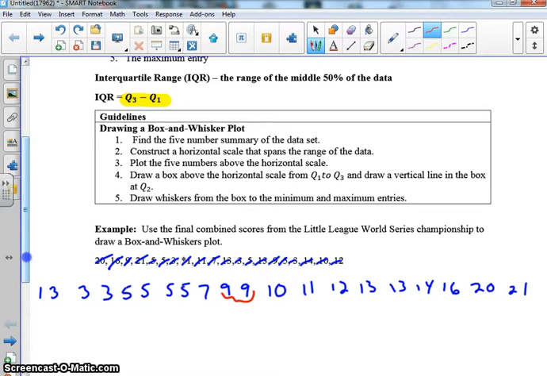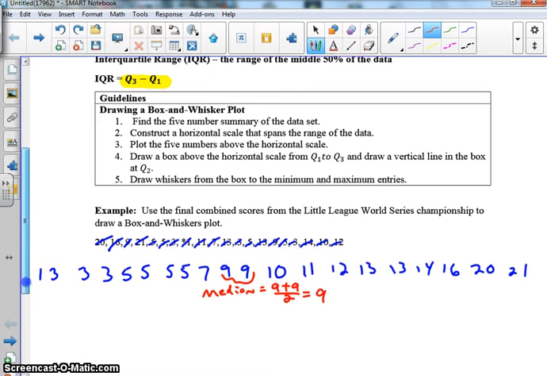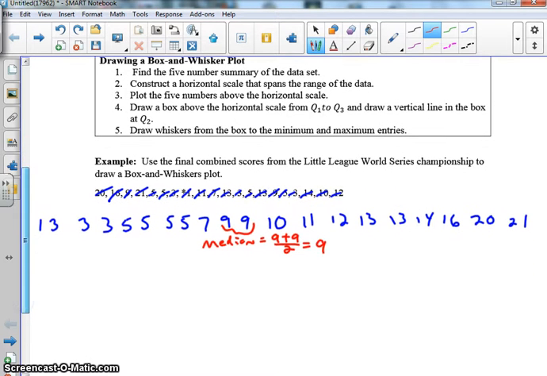You can always count inward to find that as well. The 1 and the 21 match, the 3 and the 20, the 3 and the 16, the 3 and the 14, 5 and the 13, and so on. So to find the median, you're going to take 9 plus 9 divided by 2, which is obviously 9. So my median is 9.